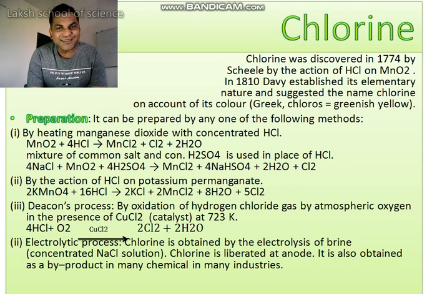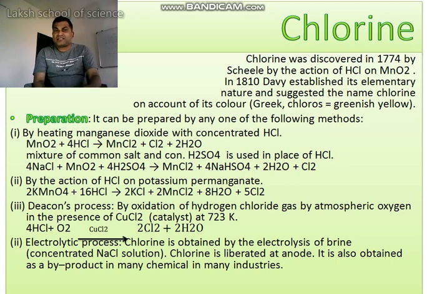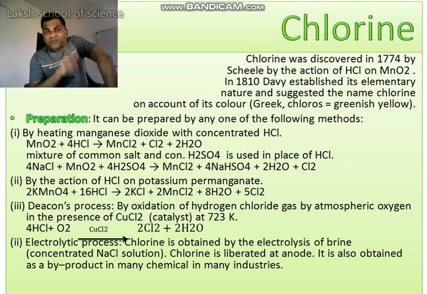Its name is very interesting. In Greek, chloros means greenish yellow color, and as chlorine was greenish yellow in color, its name was given chlorine. So we have just discussed why the name of chlorine is chlorine.